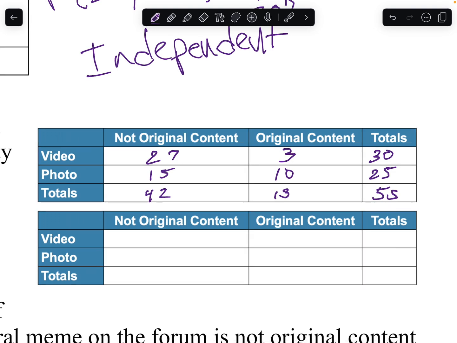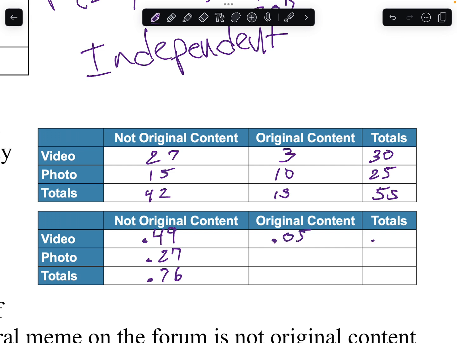So 27 divided by 55 is 0.49. 15 divided by 55 is 0.27. 42 divided by 55 is 0.76, which is what I get when I add them up. 3 divided by 55 is 0.05.